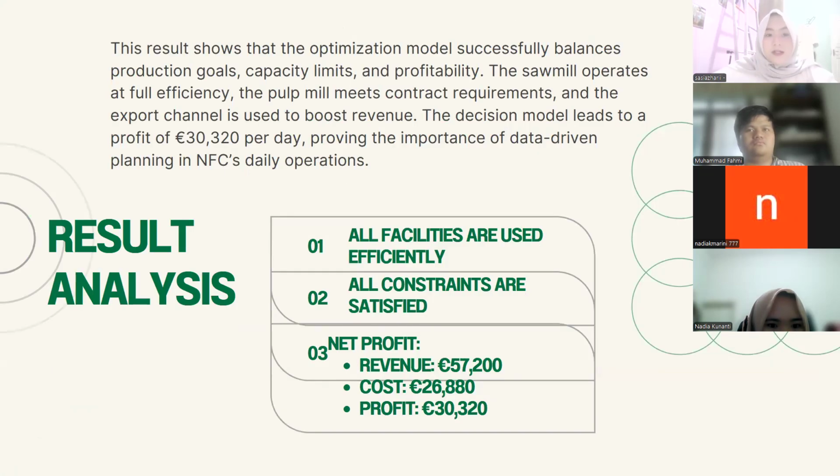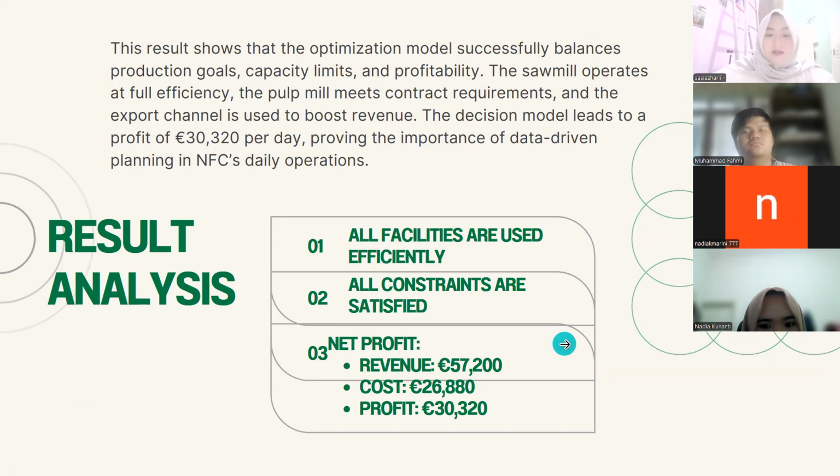For the result analysis slide, the result of the model shows a clear balance between operational efficiency and profitability. Our facilities are fully utilized, our production and contract constraints are satisfied, and most importantly, the net profit is maximized. Here are the financial highlights.